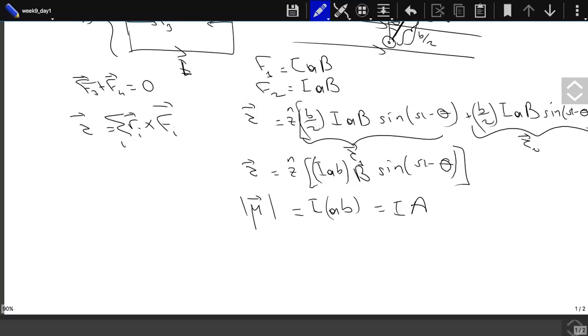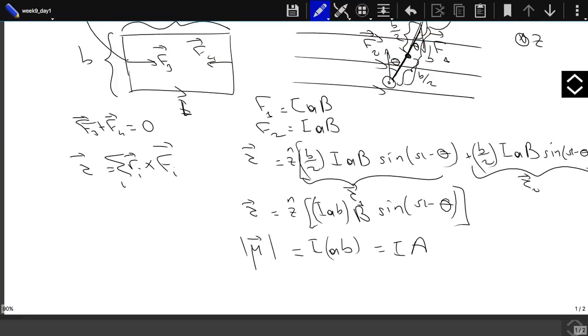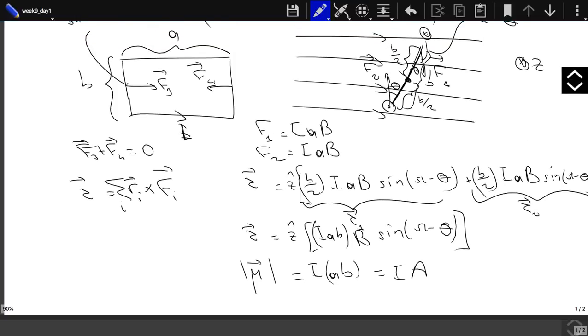And in fact, it turns out that you can do a similar analysis for any loop of any shape. The torque expression will look like this. We will be defining the magnetic dipole moment in a moment, but the magnitude of this magnetic dipole moment will always be the current running through my loop times the area enclosed by my loop, whatever the shape is. Well, we have to identify its direction also, this mu vector.